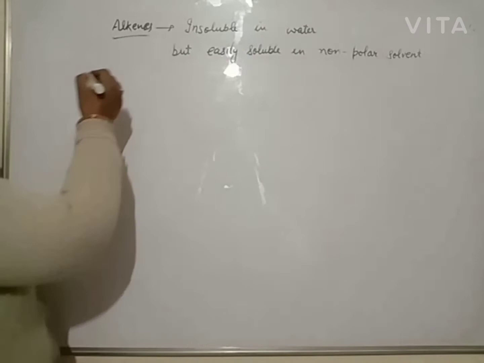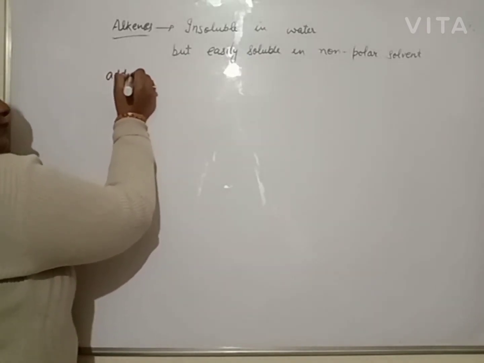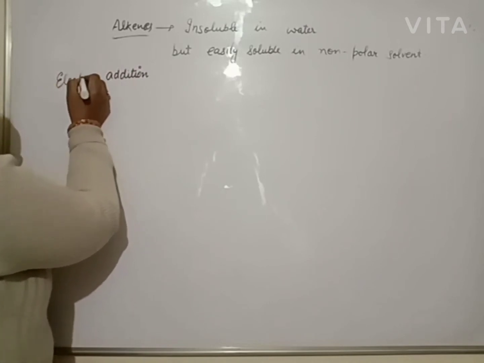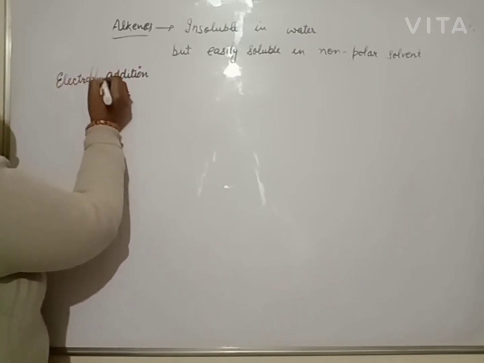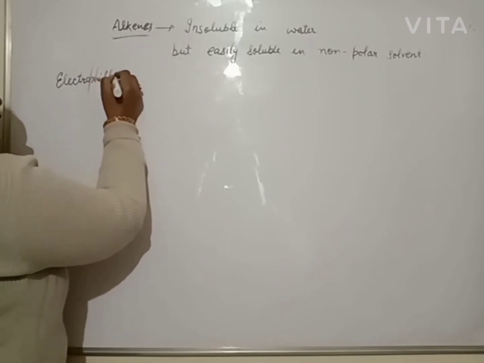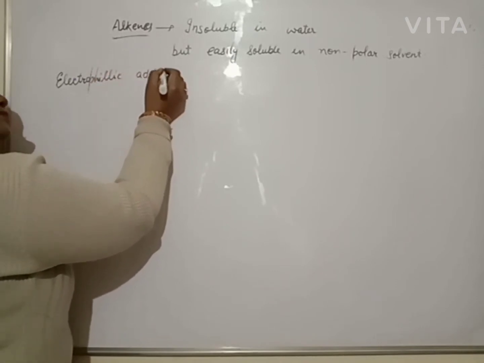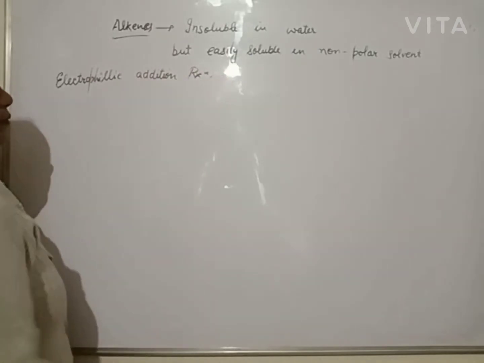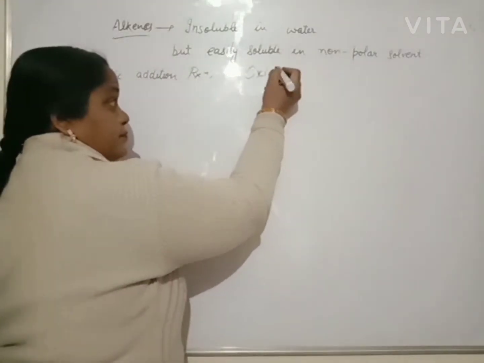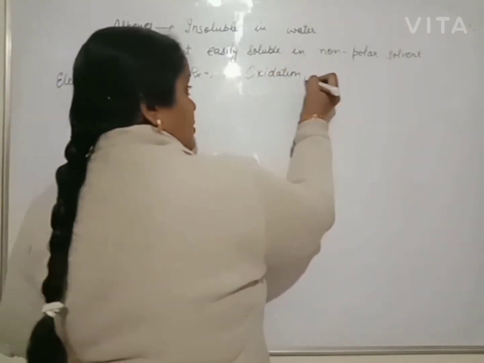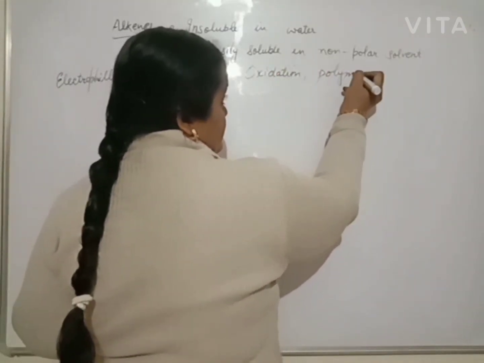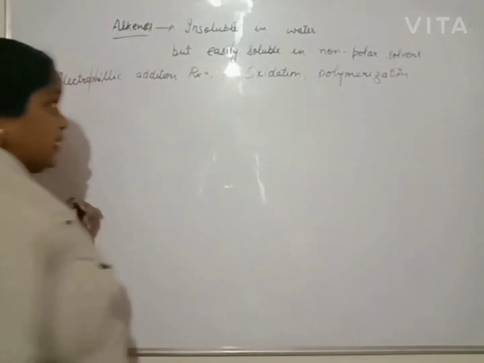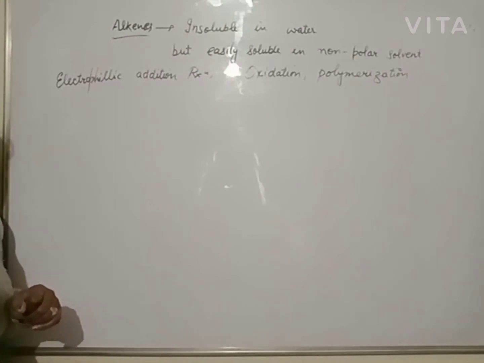Alkenes have addition reaction, or basically electrophilic addition reaction. Then oxidation, polymerization. These reactions are generally shown by alkene.